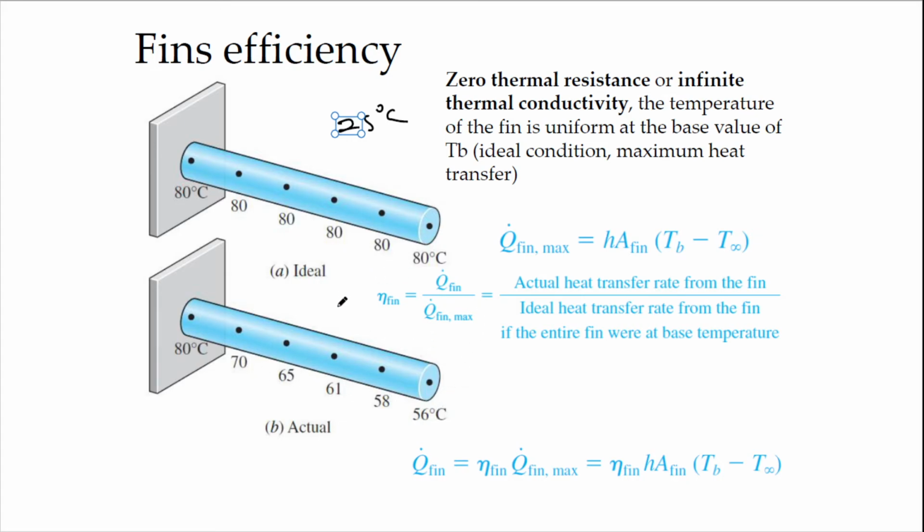To calculate the efficiency of the fin, you take the actual heat transfer rate from the fin, divided by the ideal heat transfer rate from the fin if the entire fin were at the base temperature. The actual divided by the ideal gives your fin efficiency.